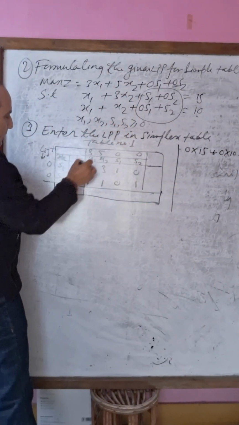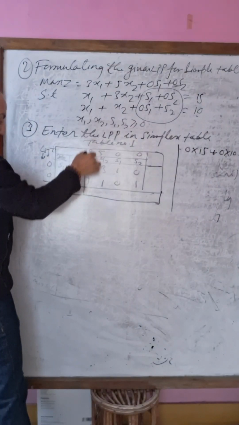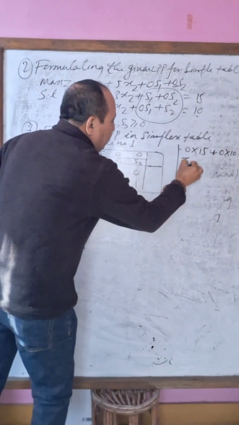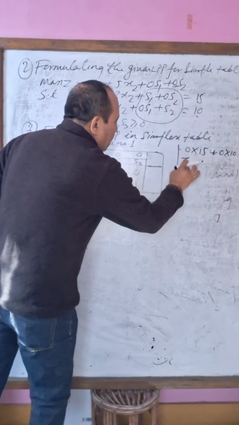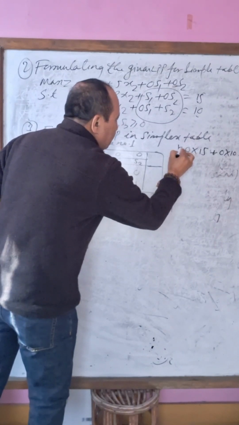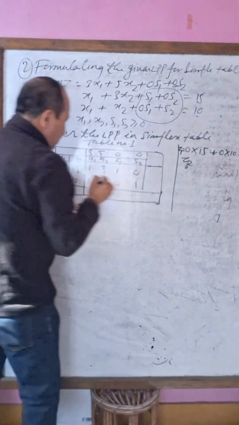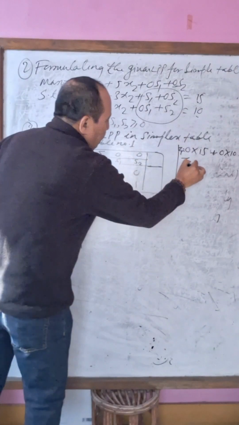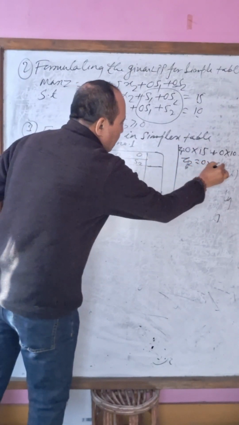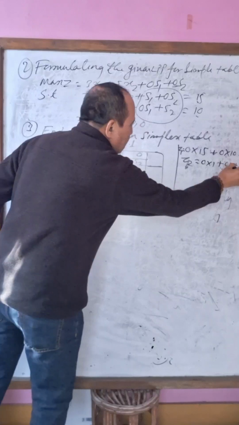Similarly, the second one is Z2. This one is Z1. For Z2, the same: 0 into 1 plus 0 into 1 is equal to 0.